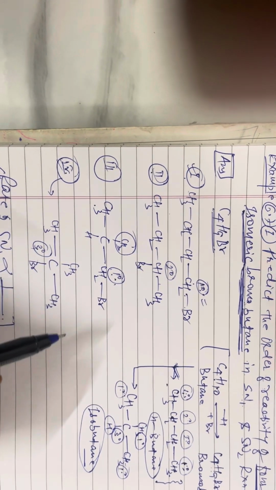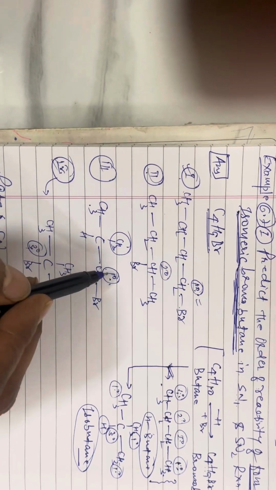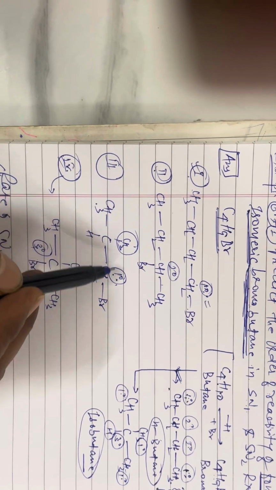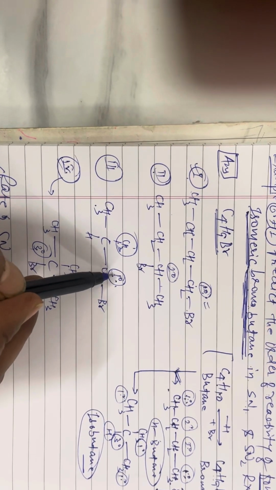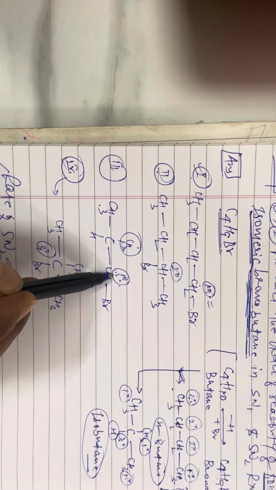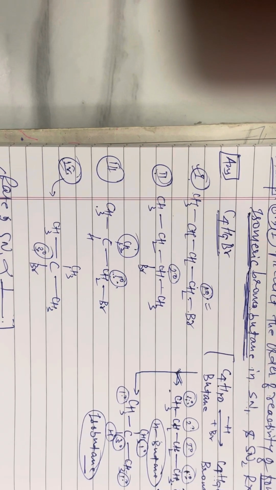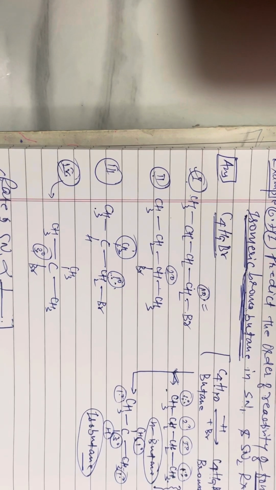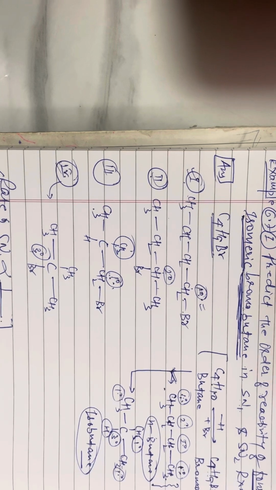Now this is again 1 degree, this is 2 degree. Even though the branching is nearby, still this is 1 degree and this is 2 degree. So the rate in 1 degree is more than the 2 degree, and the rate in 2 is more than 3.